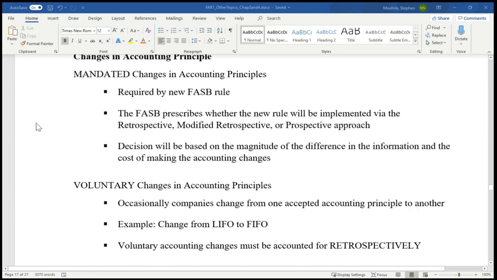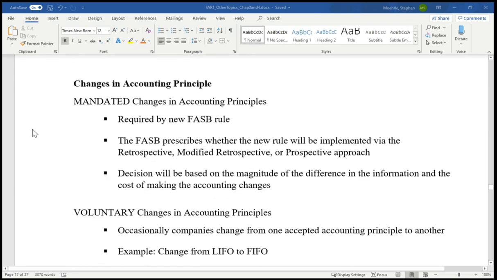Let's talk more about the change in accounting principle. The treatment of the change in accounting principle is going to depend upon whether it's mandated or voluntary. If it's a mandated change, mandated by a regulatory authority, such as the Financial Accounting Standards Board, the regulatory authority, such as the FASB, will prescribe whether the new rule will be implemented via the retrospective, the modified retrospective, or the prospective approach.